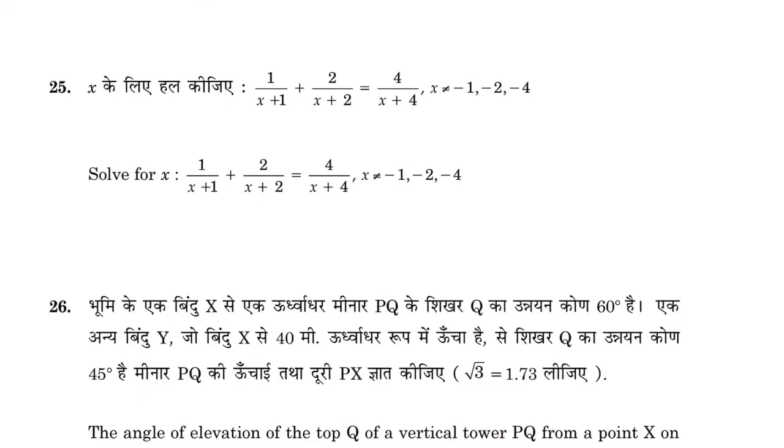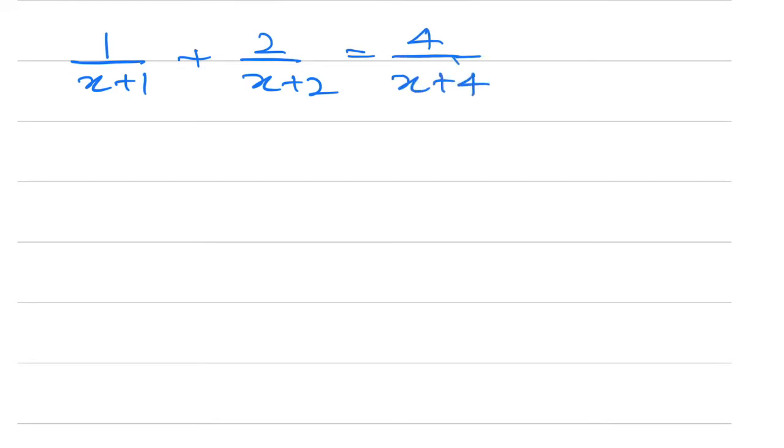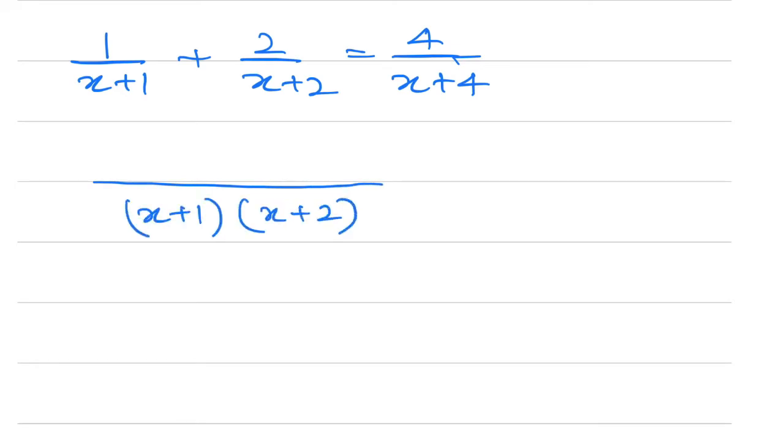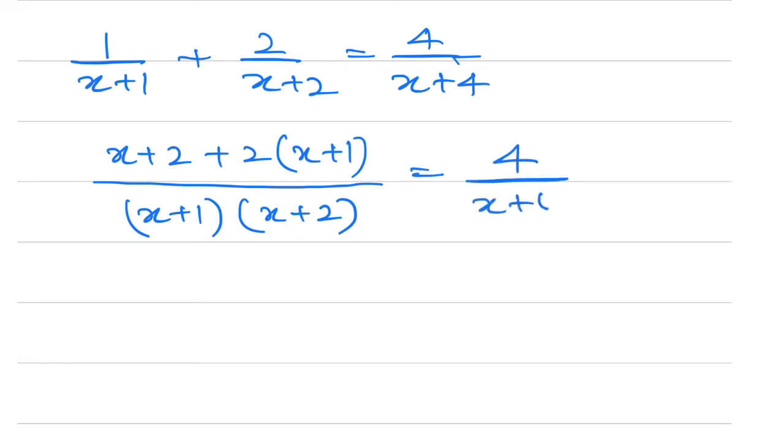Question number 25. In this question, we have to solve for x, and we are given 1 by x plus 1 plus 2 by x plus 2 is equal to 4 by x plus 4, and x is not equal to minus 1, minus 2 or minus 4. Now let's take the LCM. So we have x plus 1 into x plus 2. This is x plus 2 plus 2 into x plus 1 is equal to 4 by x plus 4.